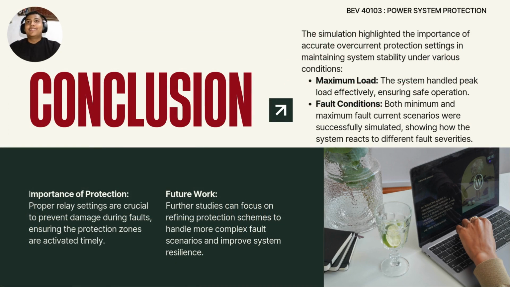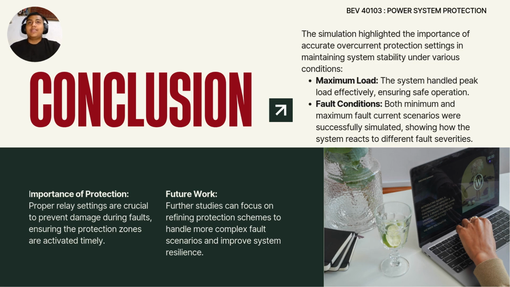Alright, last but not least, in conclusion, this simulation emphasized the importance of accurate overcurrent protection settings for maintaining system stability. Under the maximum load, the system managed the peak load effectively. We also successfully simulated both minimum and maximum fault current, showing how the system reacts to different fault severities.